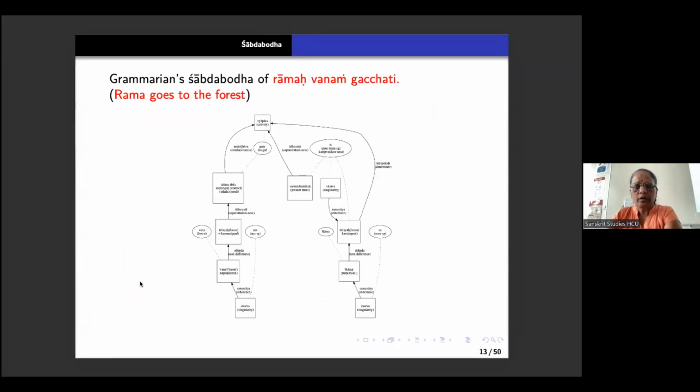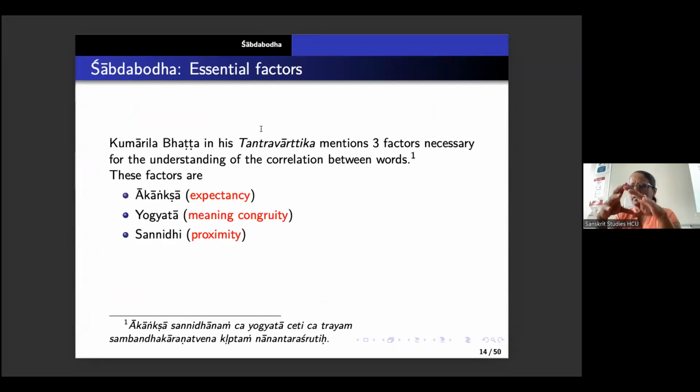Okay, so in order to understand this sentence, how this forest gets related to the activity, or how this word Rama gets related to this activity and so on, it's not that you just look at the suffixes and it can get attached by a certain relation.